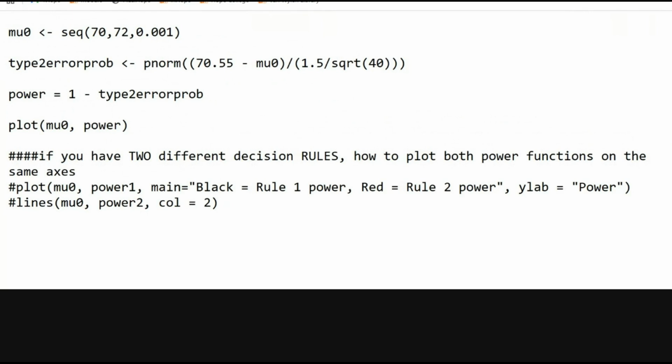This is where R really comes into its own, because it helps do a lot of tedious calculations. The whole purpose of group work 22 was to show you type 1 error probabilities can always be computed numerically. Type 2 will give you a function of the parameter, because it depends on what the truth is. That's the point I want to get across to the class.